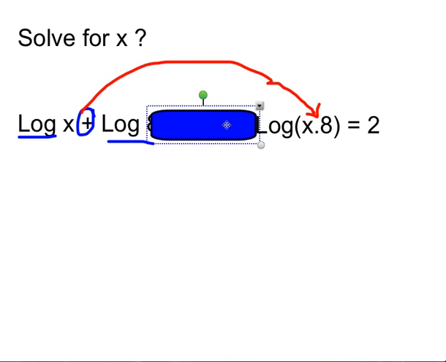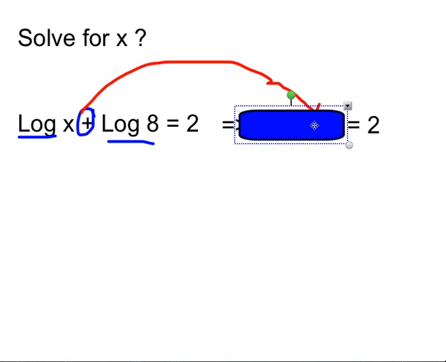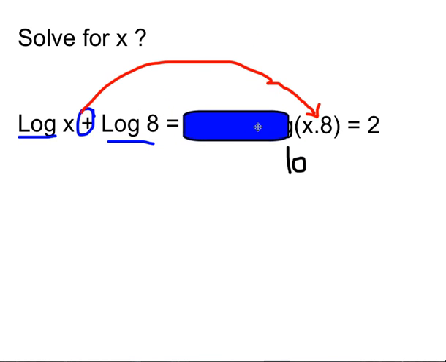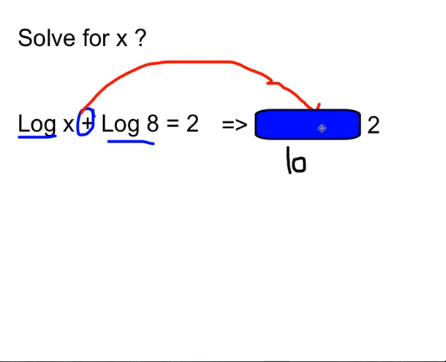I'm gonna cover log and whatever is in front of it. There we go. And we already know that the base is 10, right? We all agree that when we don't write the base, it is 10. So I'm gonna write the 10 right down here.